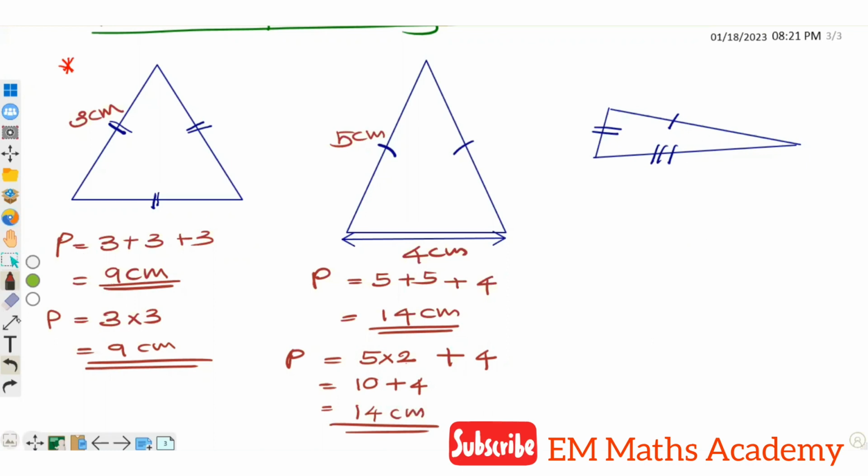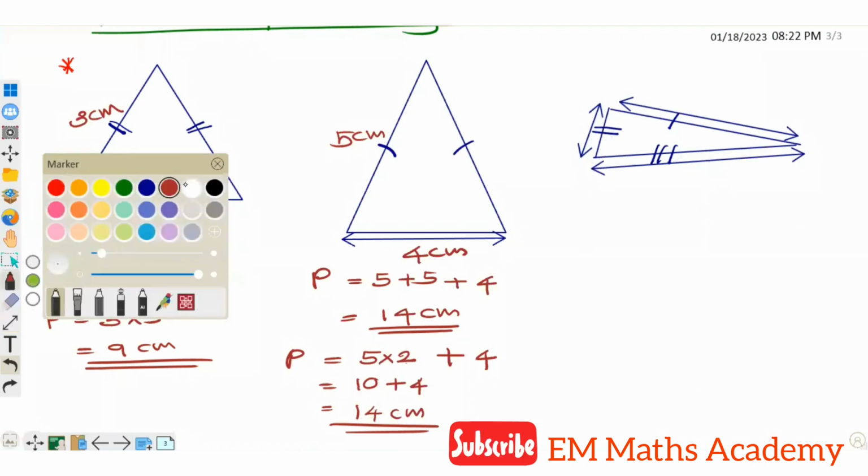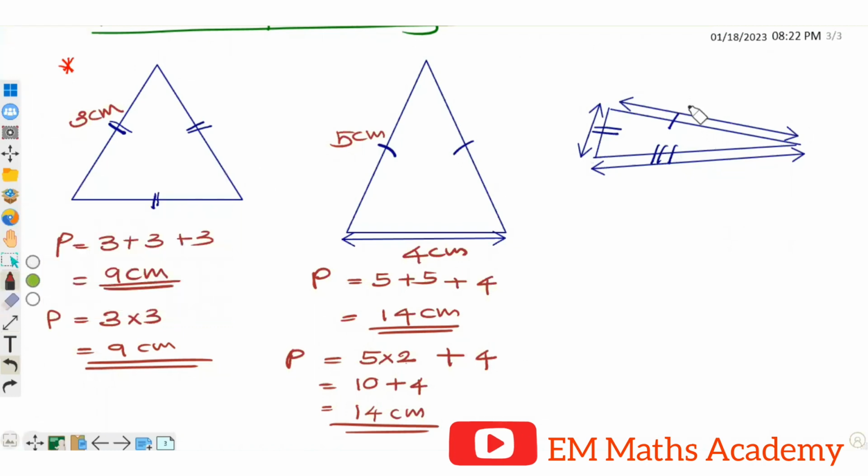Now in this case, you should be given all the side lengths. Otherwise, we can't find the perimeter, because all the sides are not equal. You may think this is 6 centimeters, this is 7 centimeters, and here it is 2 centimeters.